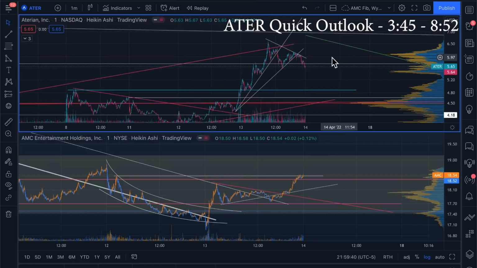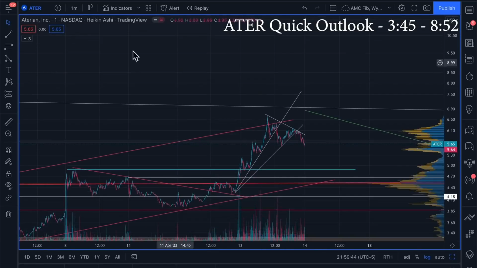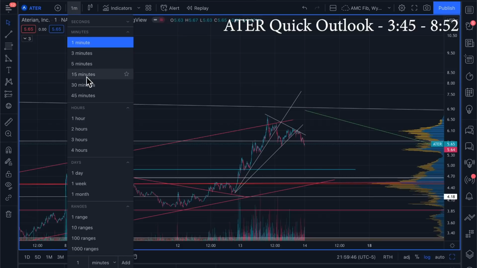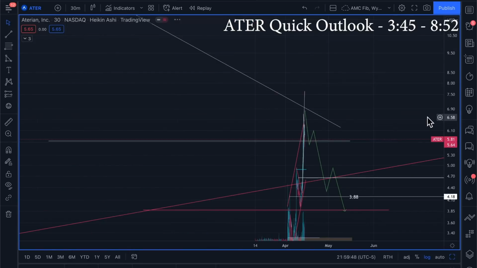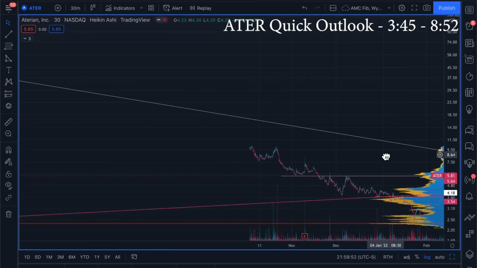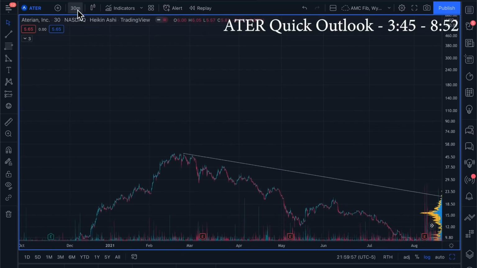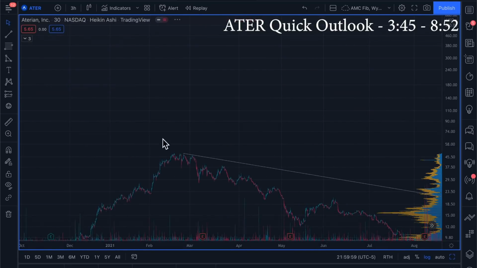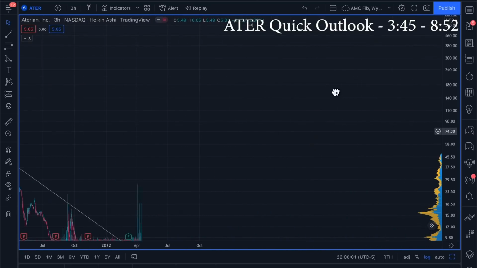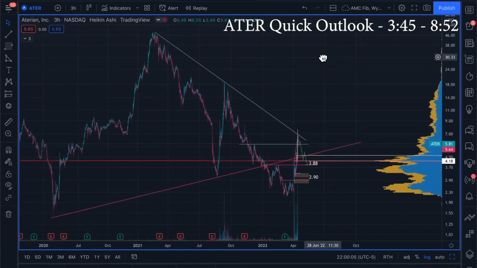If you're in ATER, I had anticipated, and I'm not going to say much more about this, that we were probably going to ride this channel up as far as we could, maybe get up to 7. And 7 is a really important test because I'm going to have to go back a little further, to like the 3 hour. It is the macro downtrend.